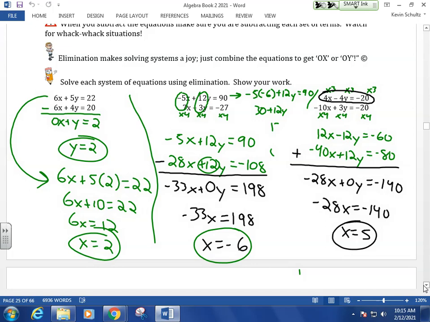We now know that x is 5, so we can rewrite this to be 4 times 5 minus 4y equals negative 20, or 20 minus 4y equals negative 20. Or negative 4y equals negative 40, when we subtract 20 from both sides there. And we get y to equal positive 10.